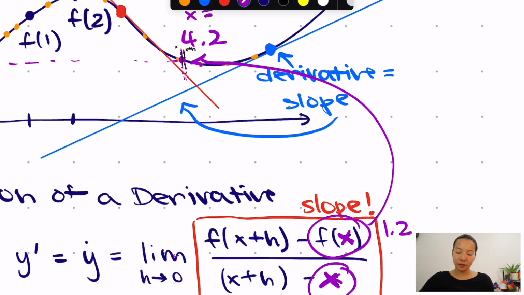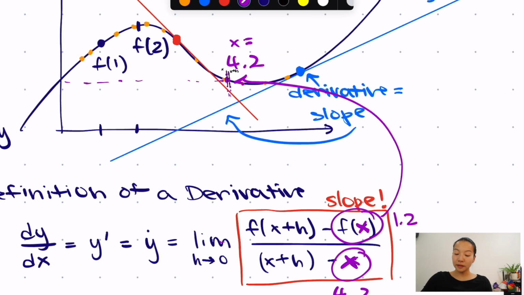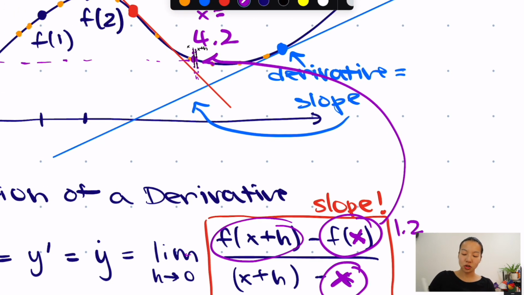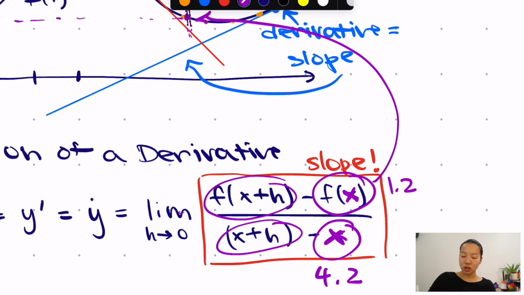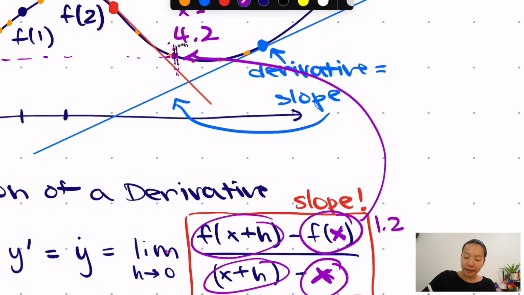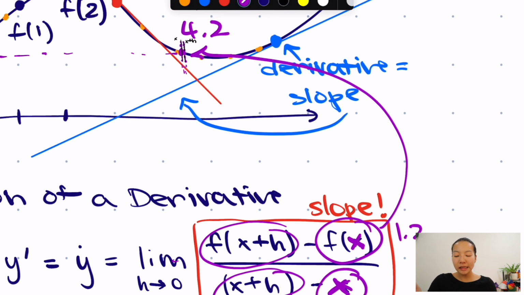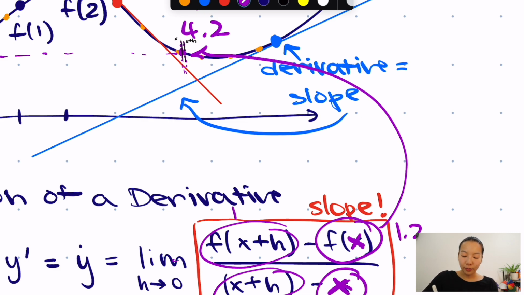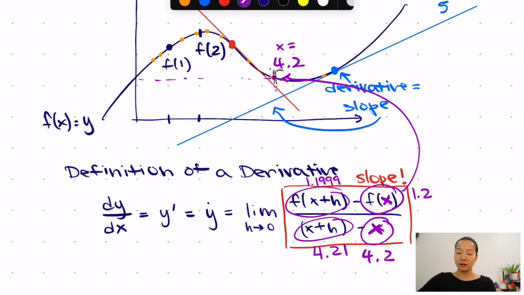Okay, so let's make up numbers for x plus h. I'm going to step over a tiny bit, so maybe 4.21. And then f of x plus h, well, that looks like it decreases a tiny bit, but not very much at all, so maybe 1.1999 or something like that.